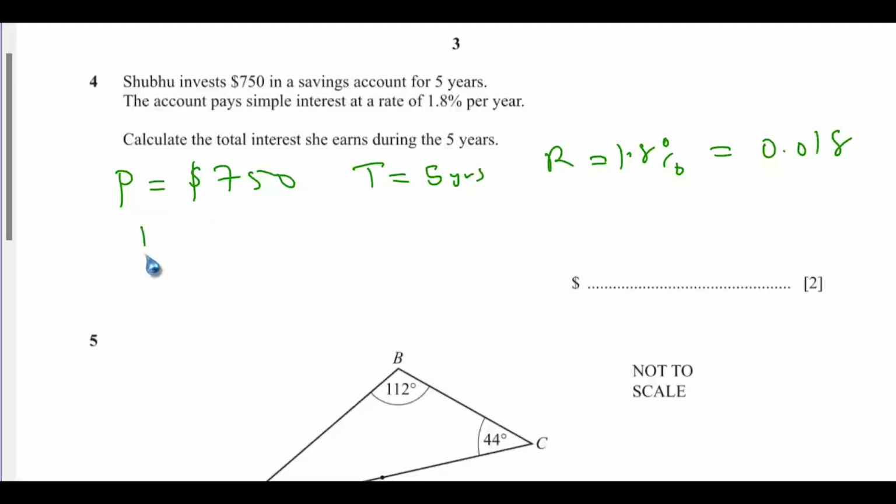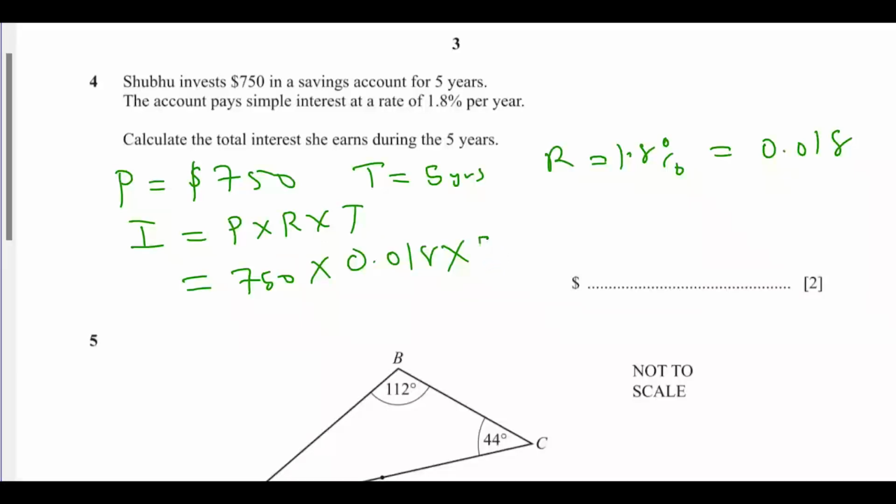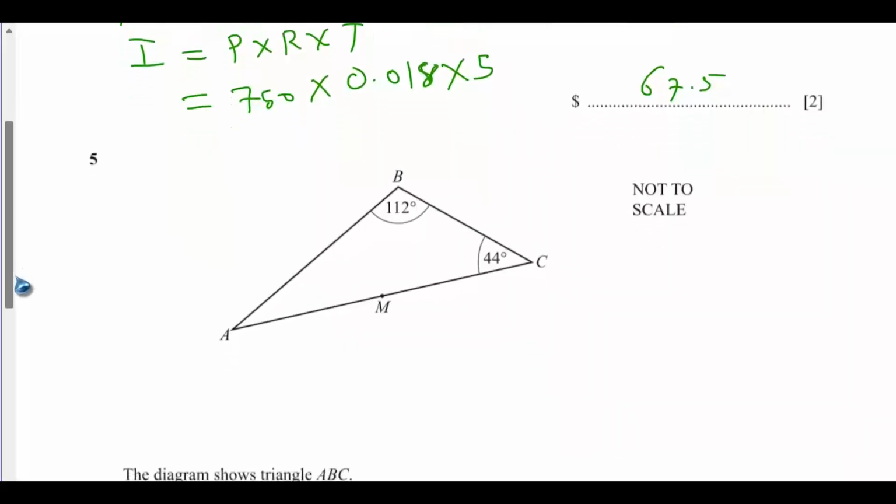Using the formula I equals P times R times T, we have the interest to be 750 multiplied by 0.018 multiplied by 5. If you do this, you will get $67.50. So let's go to the next question.